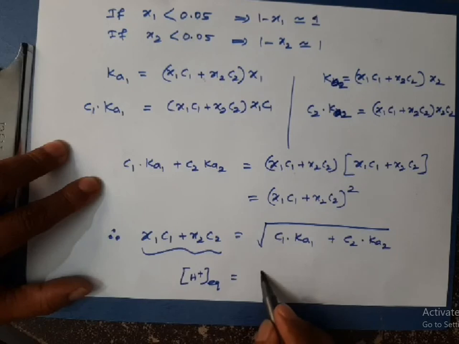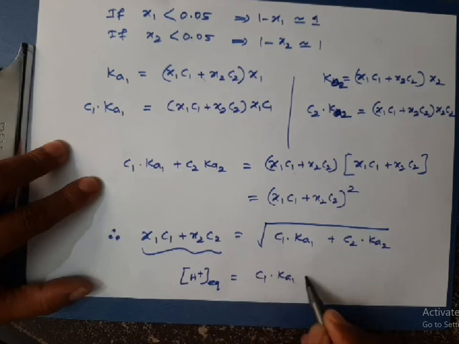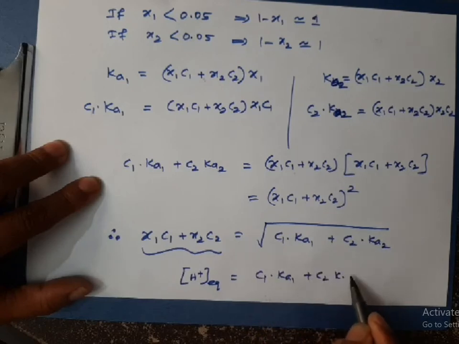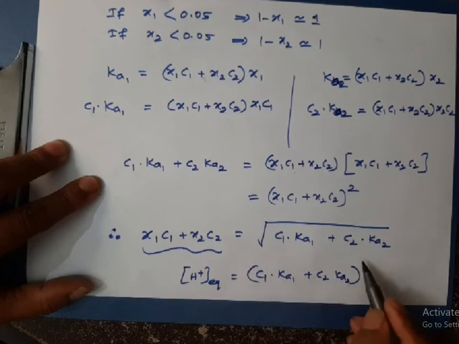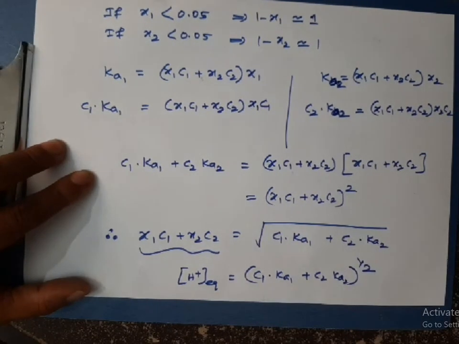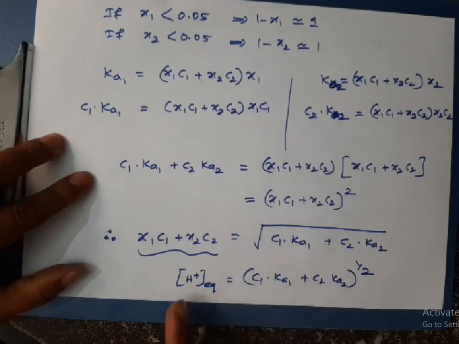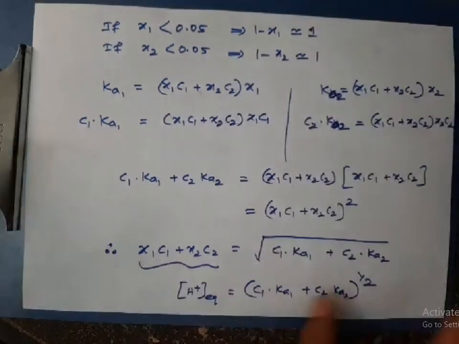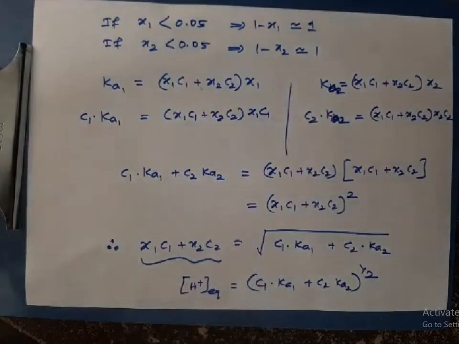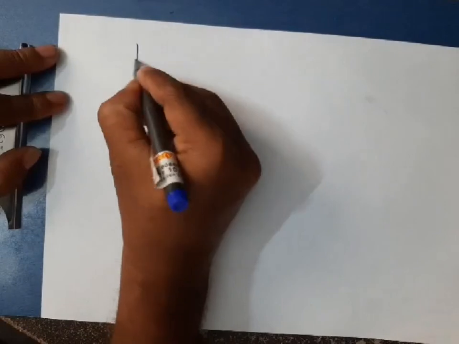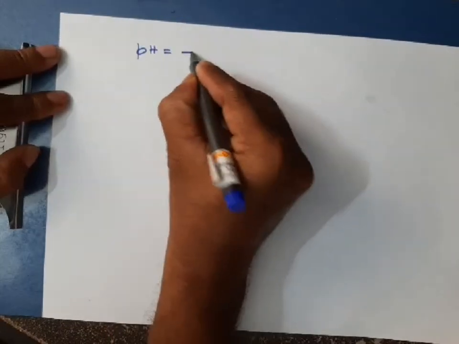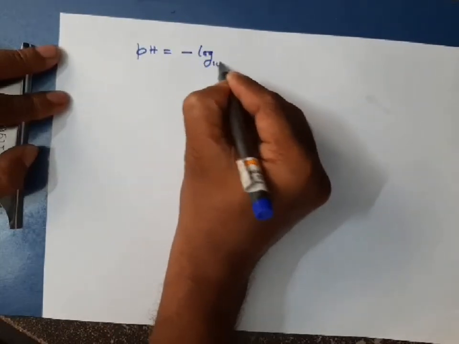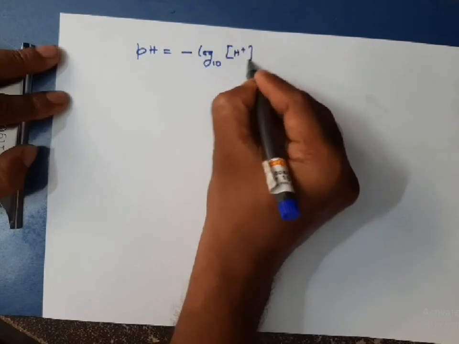So the H plus ion concentration at equilibrium is equal to c1 into Ka1 plus c2 into Ka2 whole power half. We can write like this, right? From this, by knowing the value of H plus, you can calculate pH. How? We know the formula, pH equal to negative common logarithm of concentration of H plus ion.